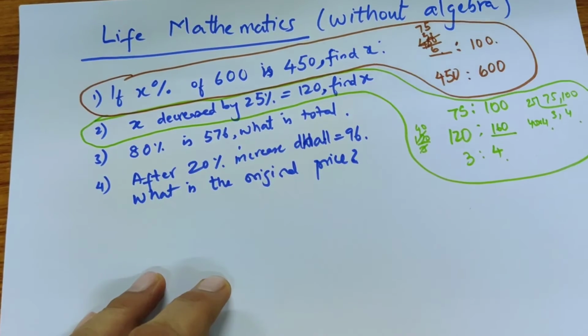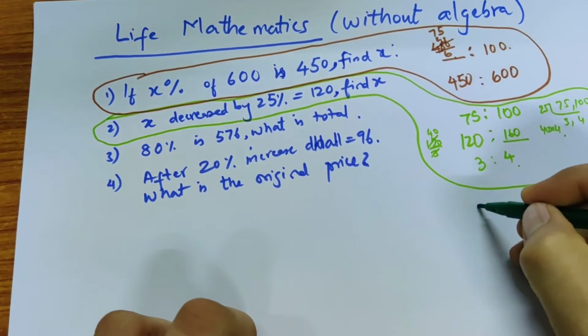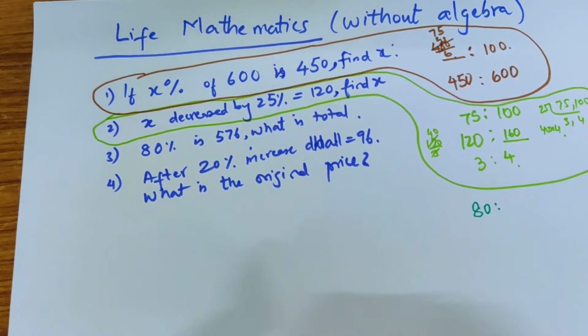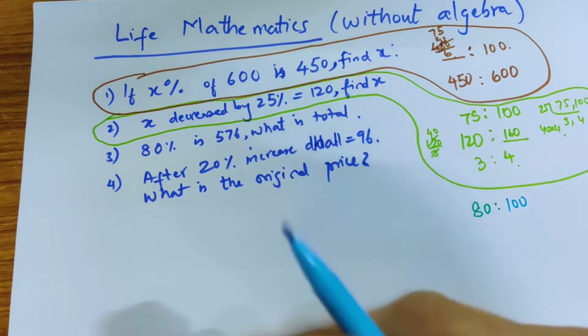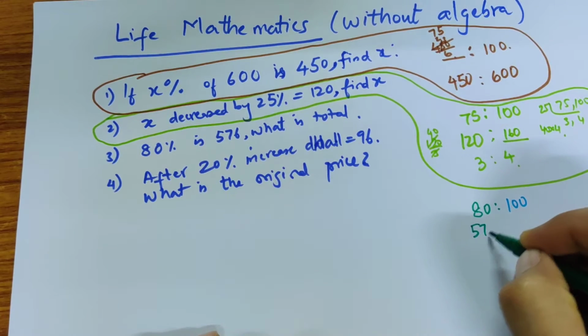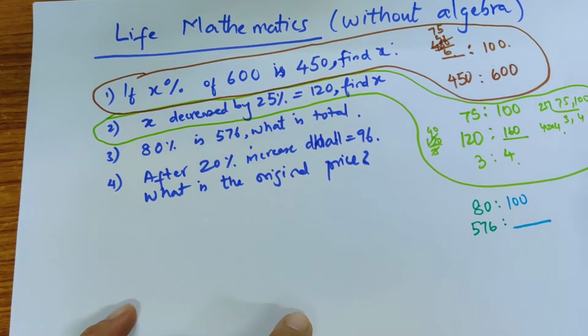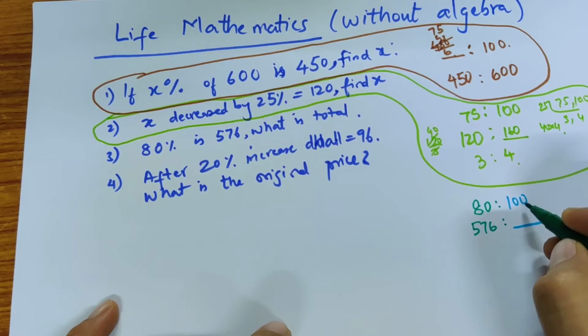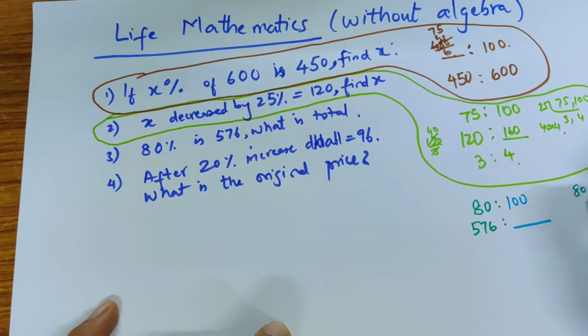Okay, this time let's use 2 colors. 80% of something. So 80 is to 100, and the 80% itself is 576. What will this be? That's the question. Okay, so then 576 by 80 times 100. 80 to 100, we can make it a smaller number first.